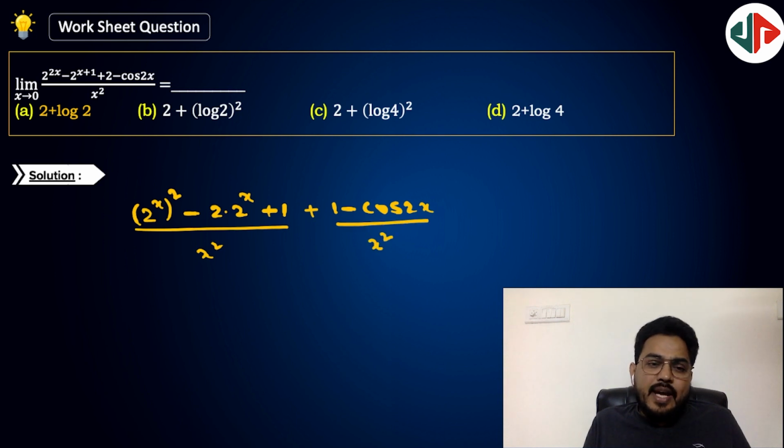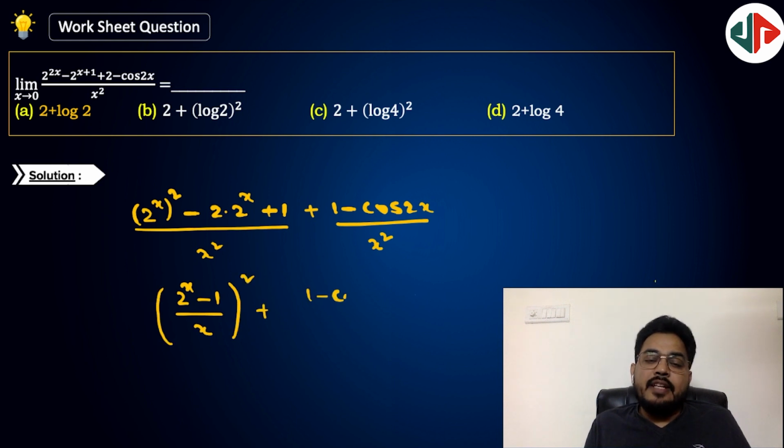So this value will be equal to 2 power x minus 1 by x, whole square, and this is 1 minus cos 2x. Happily you can take it as 2 sin square x by x square.